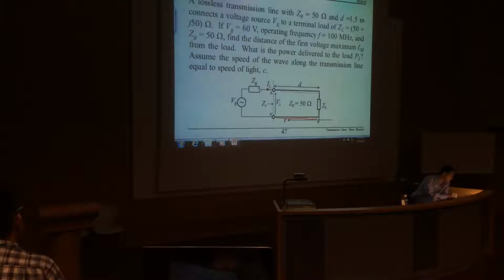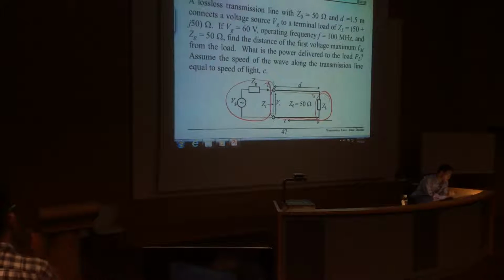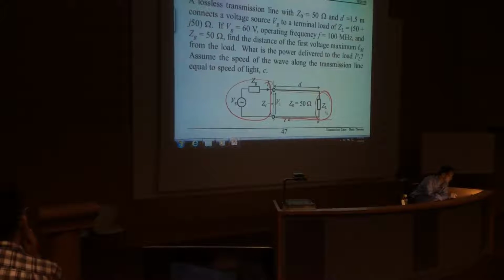Connect a voltage source to the terminal. This is the source, then this is the load. So you need to read the question properly. The load is a complex number.